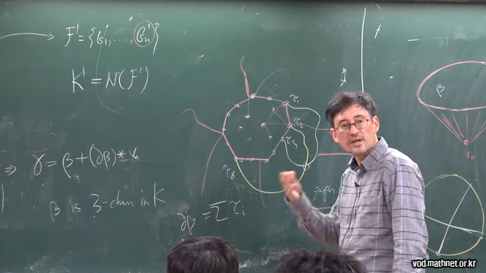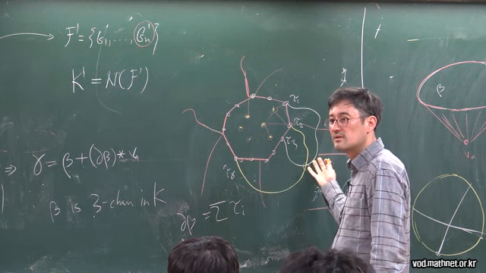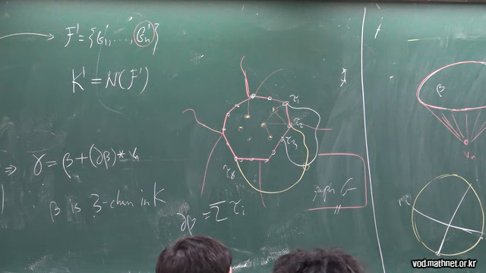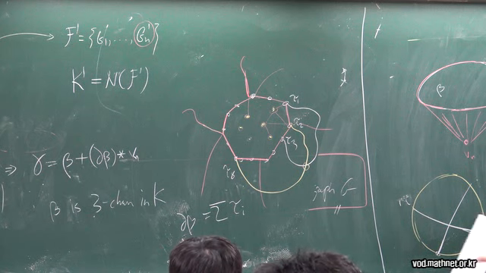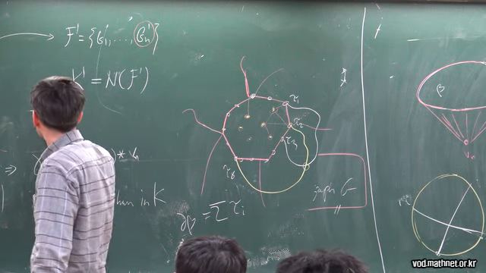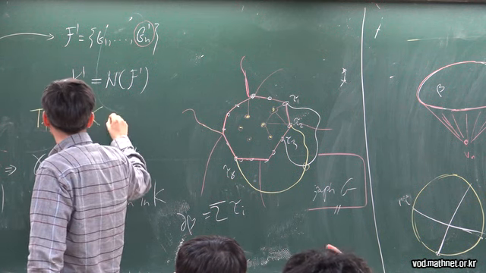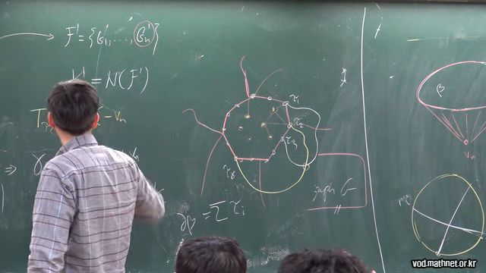Yeah? So I get that simplex in the nerve. So it means that this guy, T tau order, is something in the nerve. Yeah? So T tau sigma is in K minus Vn, actually.